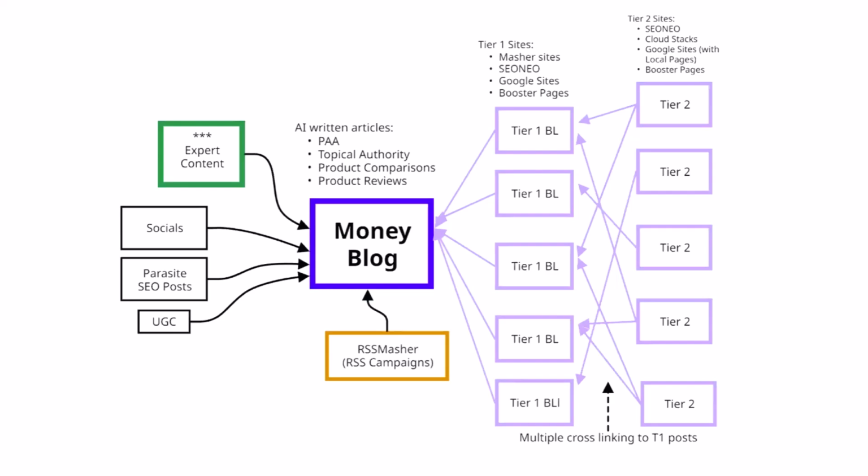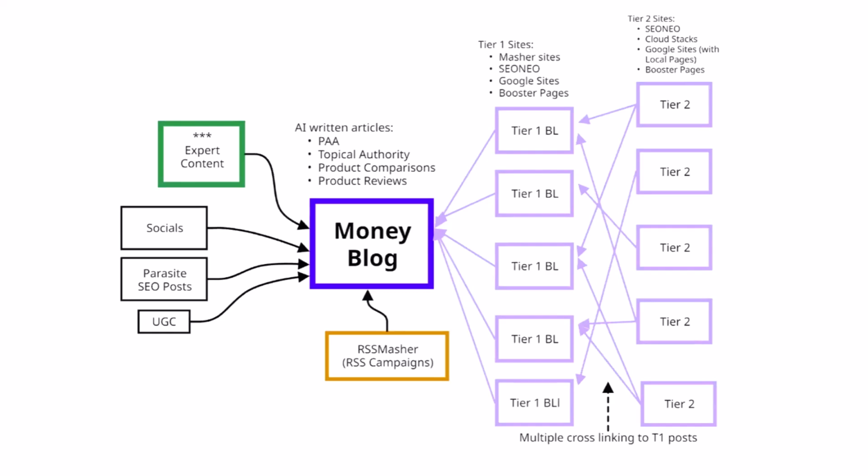Okay. So what is RSS Masher? Well, a lot of you on the call probably have RSS Masher. It was our flagship. AI Masher is kind of our flagship now. RSS Masher still works. Believe it or not, after years and years of using RSS feeds, it still works with RSS feeds, and it works great with RSS feeds on a local page.